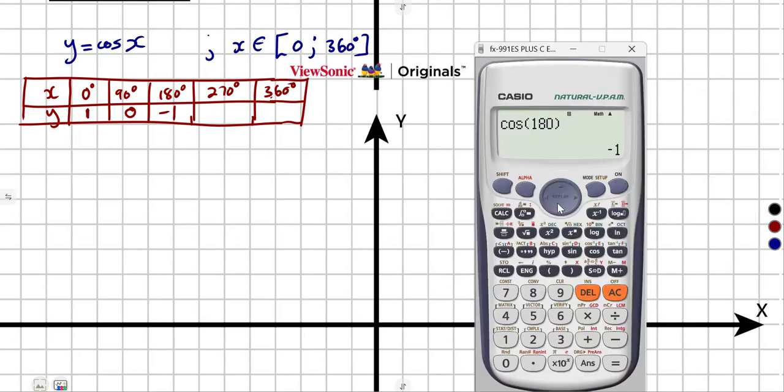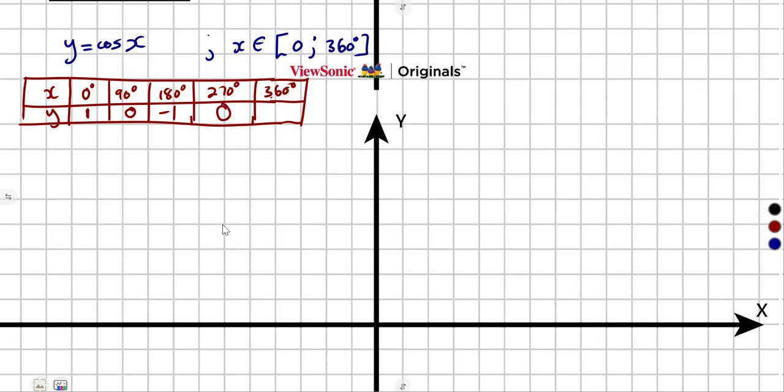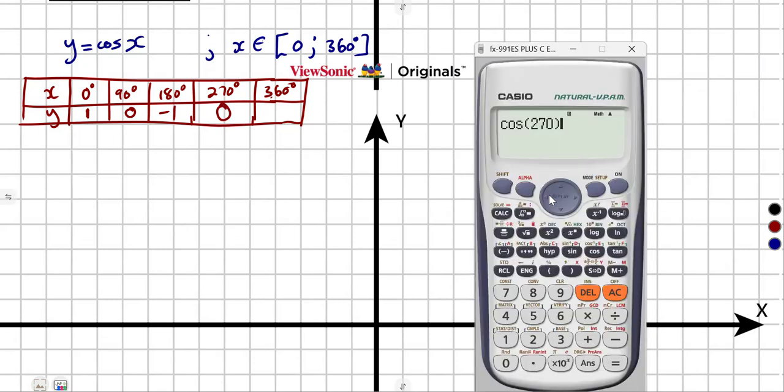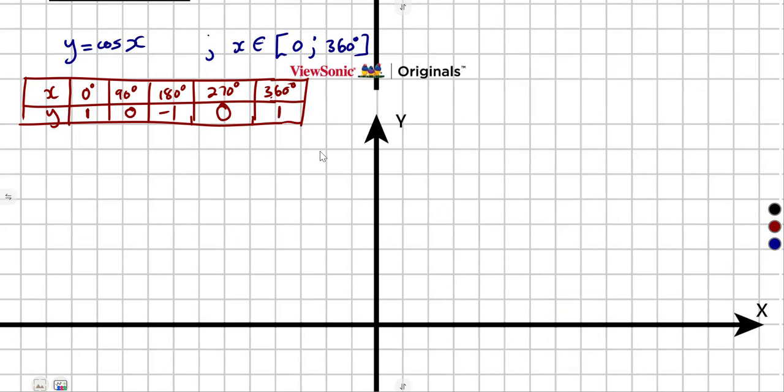At 270 degrees, that's 0 there. At 360 degrees, that's +1. So this is what we are going to have.